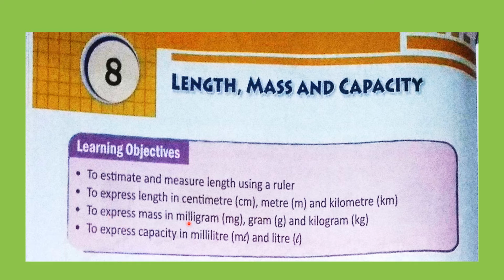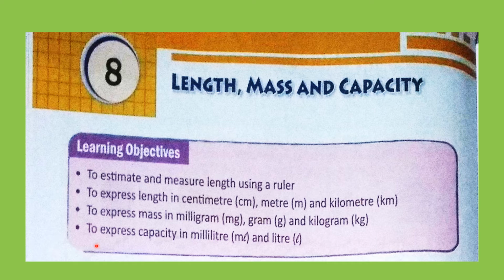To express mass in milligram, gram, and kilogram. Here, centimeter is the smallest, milligram is the smallest, and milliliter is smaller. And here, kilos are greater than these three. So smaller, smallest.